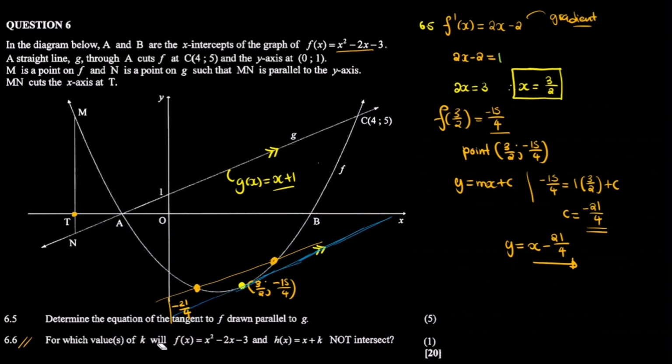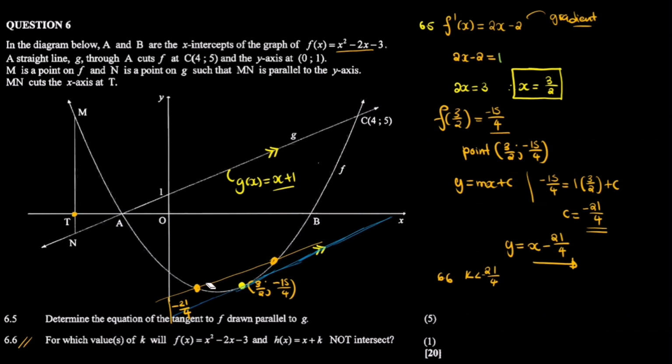Remember, they're looking for the values of k, the values of the y-intercept, where these two graphs are not going to intersect. So essentially, for 6.6, your answer will be the values of k that are less than negative 21 over 4. Because if k is negative 21 over 4, the equation is this, and it's a tangent line.